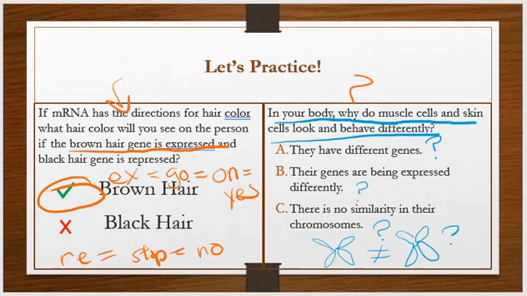And in the second question here, remember there's a karyotype of human chromosomes, right? There's 46 chromosomes in the human body's cells, and every cell has the same 46 chromosomes.